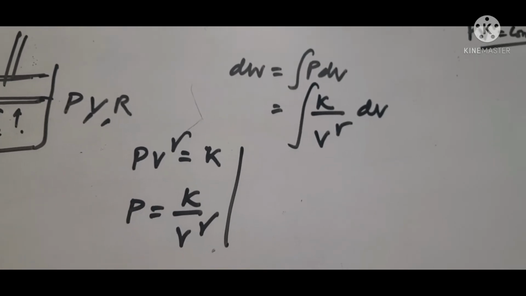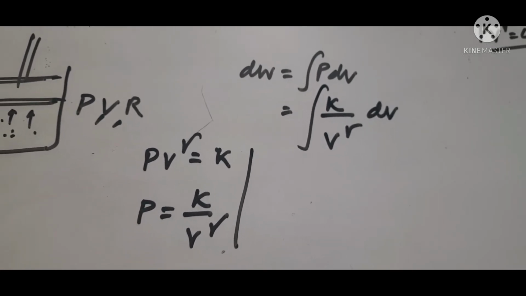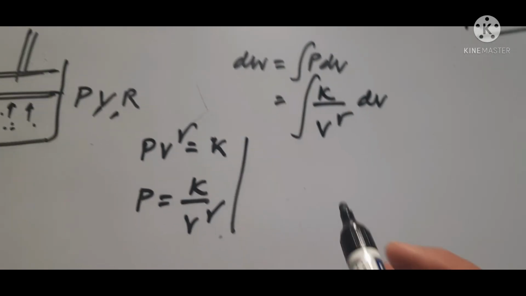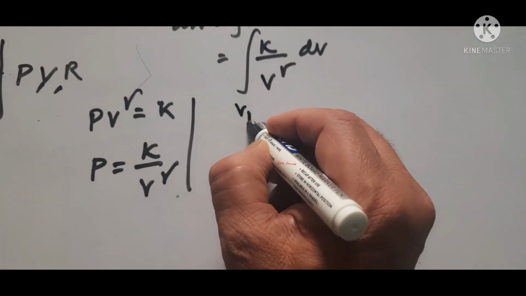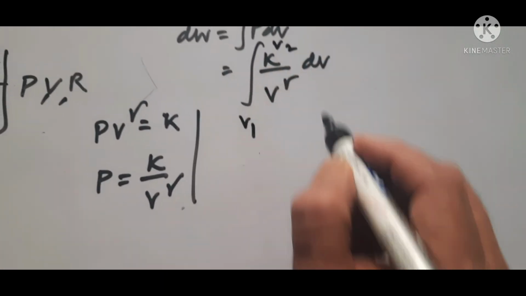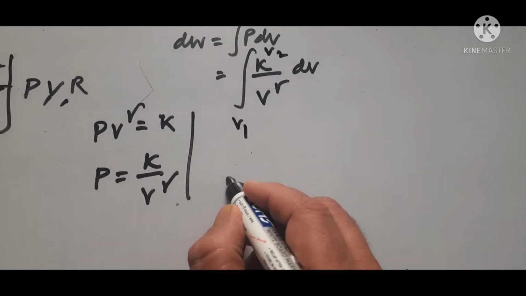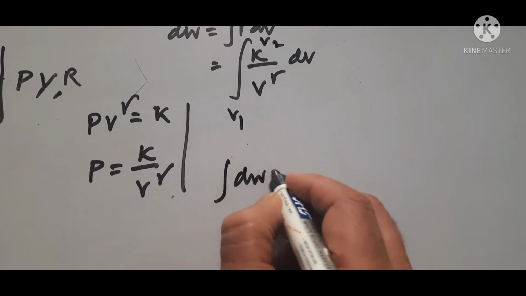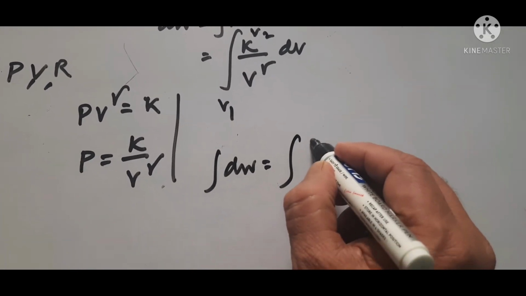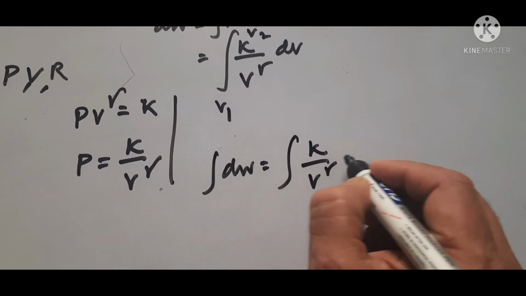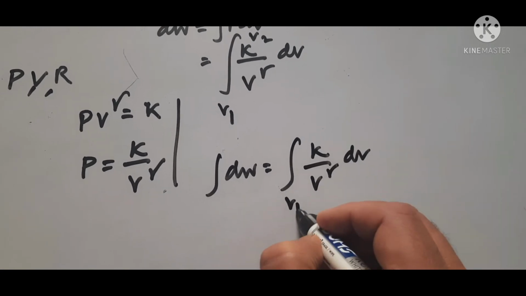I have taken the initial volume as V1 and final volume as V2. So the limit we are putting is V1 to V2. So integration of dW is equal to integration of K by V to the power gamma dV, V1 to V2.